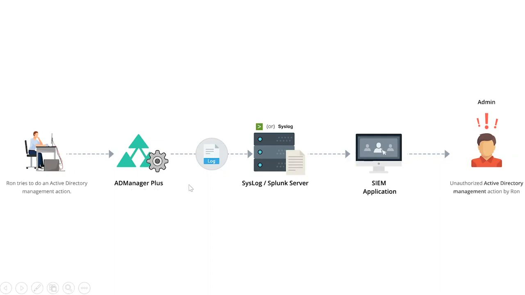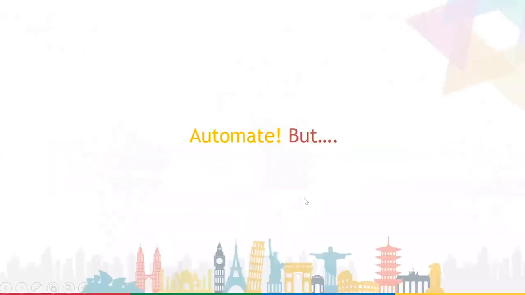AD Manager Plus captures the action and forwards the log as a syslog to your centralized log repository or SIEM solution, and you have a notification saying unauthorized Active Directory management action by Ron. So you'd be able to understand such elevation of privileges that takes place via AD Manager Plus or otherwise after the integration.